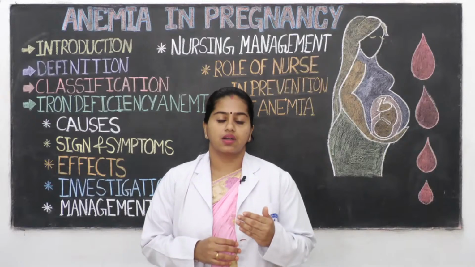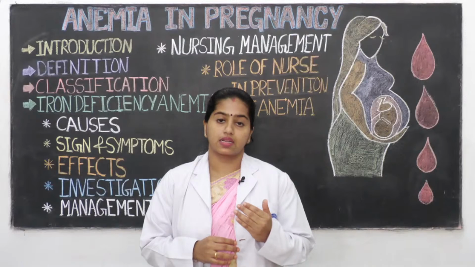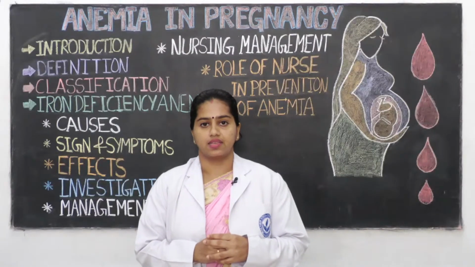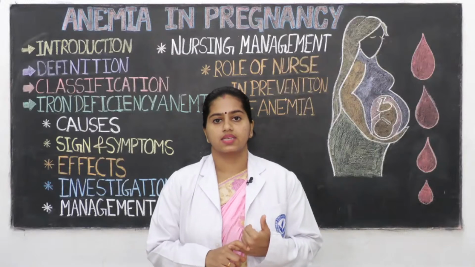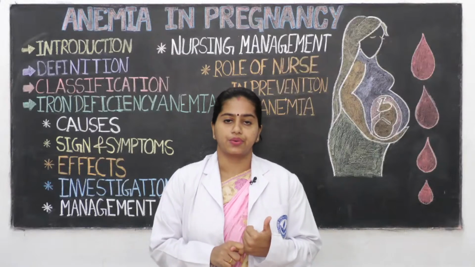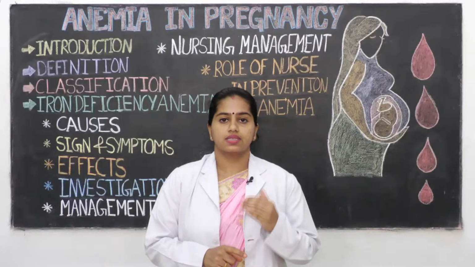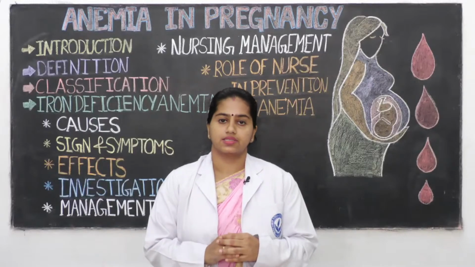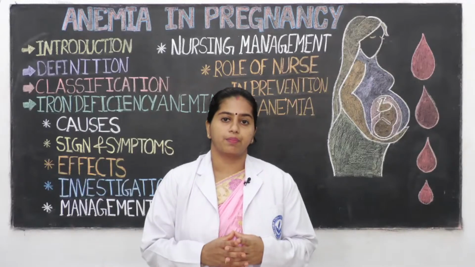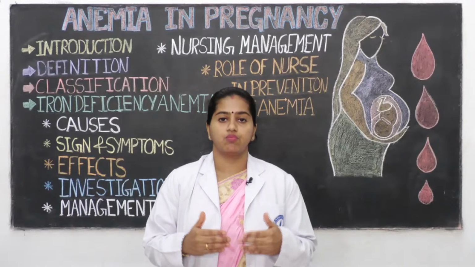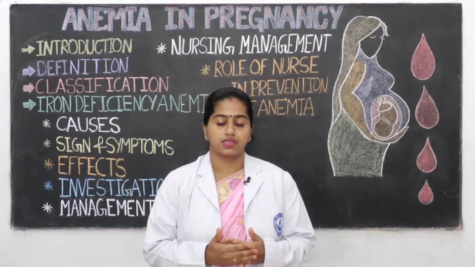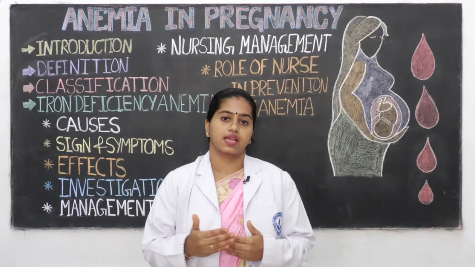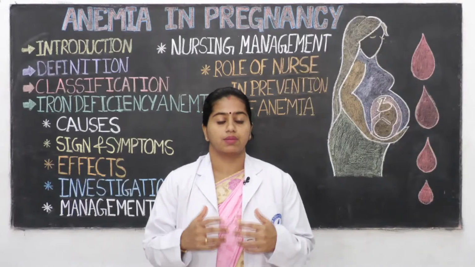Next, we will discuss the causes of iron deficiency anemia. The first one is increased demand of iron during pregnancy. I have told this in the physiological changes itself. Pregnant women need more iron because the demand increases for the growth of the fetus, the growth of the placenta, and the changes in the mother's body.